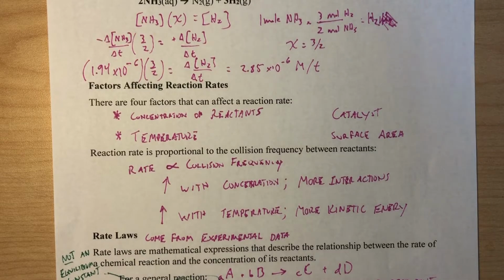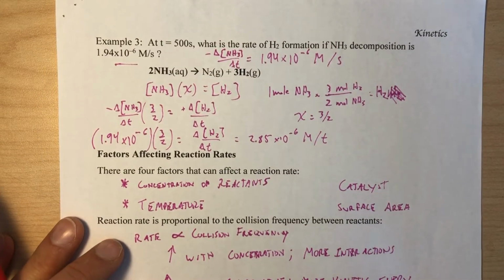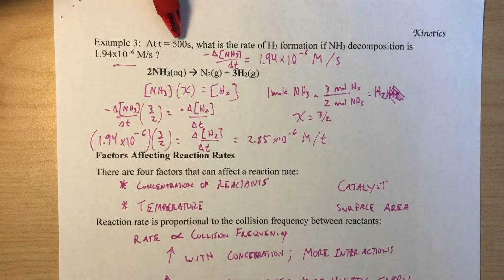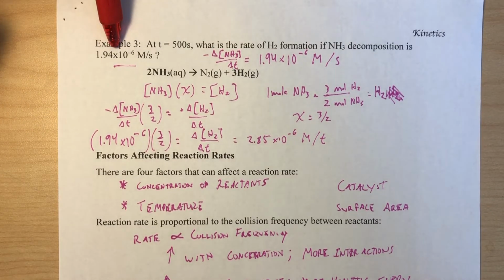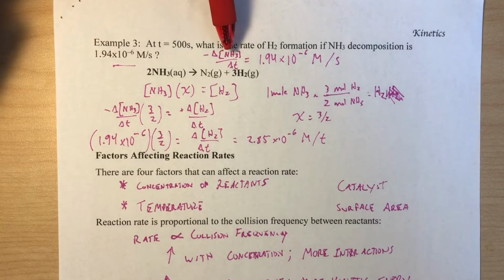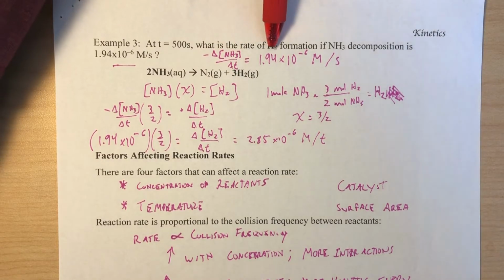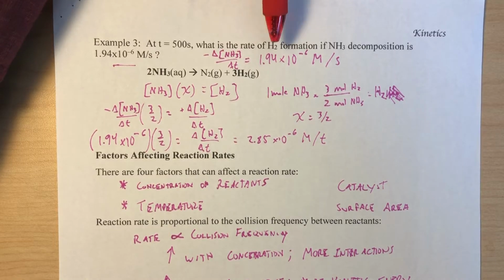Let's see an example where we use that information. In example 3, at time equals 500 seconds, what is the rate of H2 formation if NH3 decomposition is 1.94 times 10 to the negative 6 molar per second? Well, our rate of decomposition of ammonia over time is negative change in concentration over change in time, which is going to be equal to 1.94 times 10 to the negative 6 molar per second.